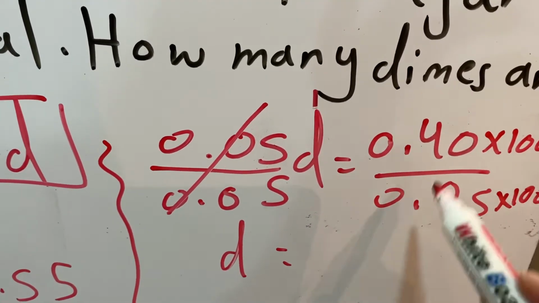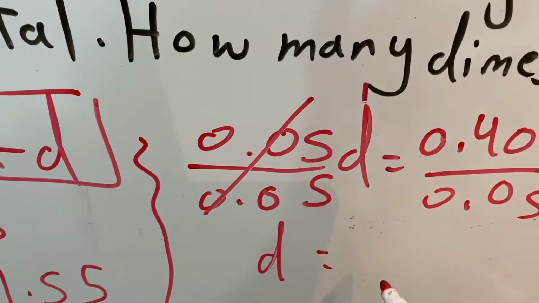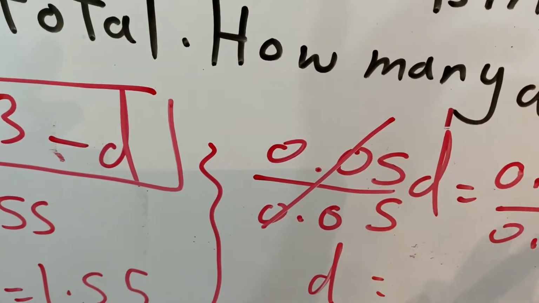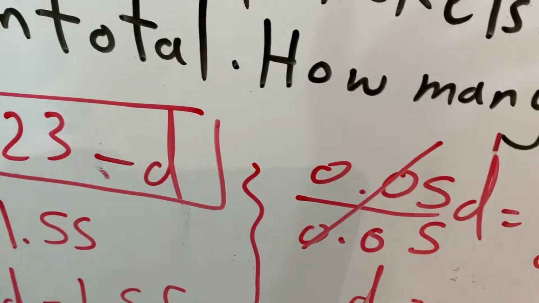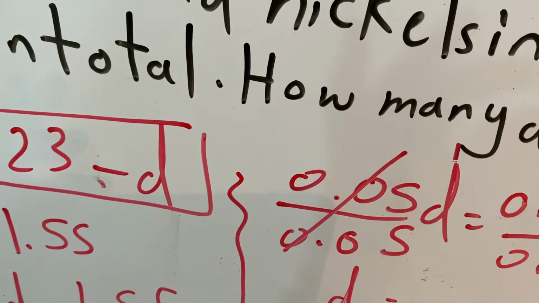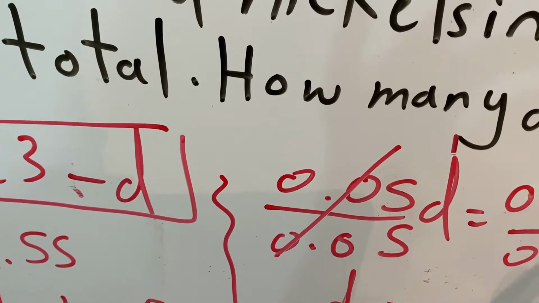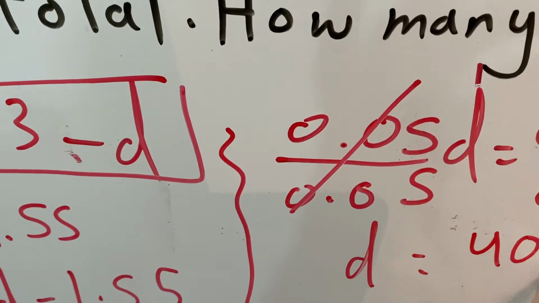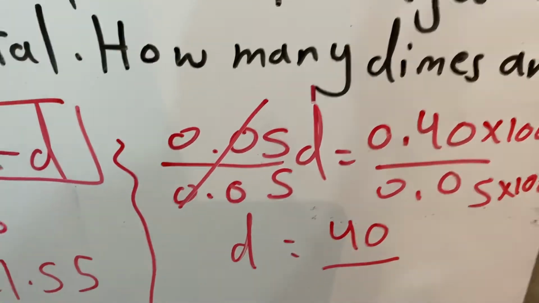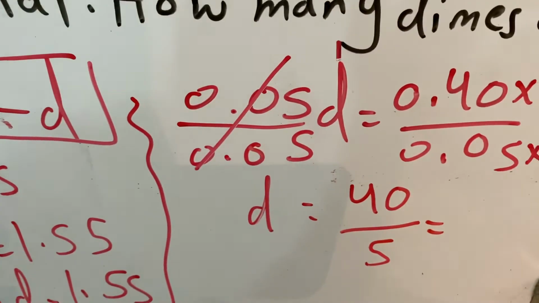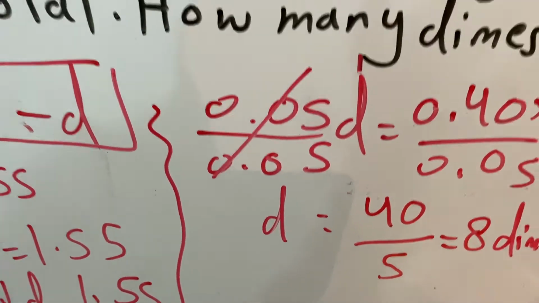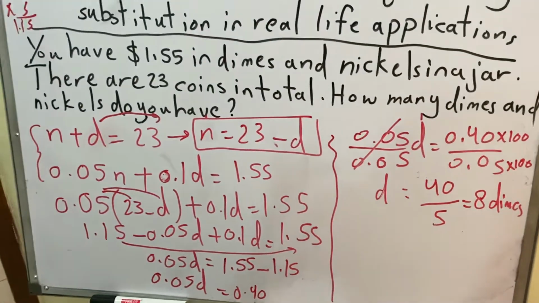When I multiply by 100, the decimal moves two places to the right, so the top becomes 40 and the bottom becomes 5. So 40 divided by 5 is actually 8. So how many dimes do I have? 8 dimes.